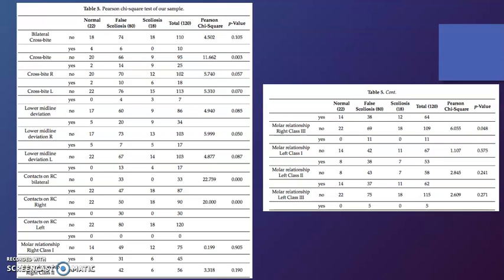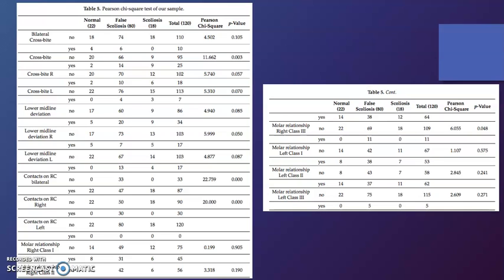So Table 5 is a representation of all the data collected, but specifically with the Pearson chi-squared test. The chi-squared test is commonly used for testing relationships between categorical values, or basically the goodness of fit. A p-value that is less than 0.05 is known as being statistically significant.